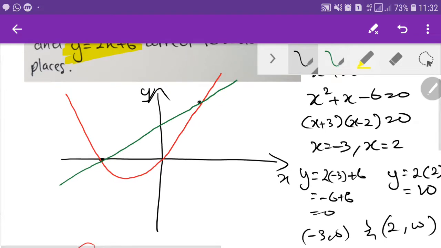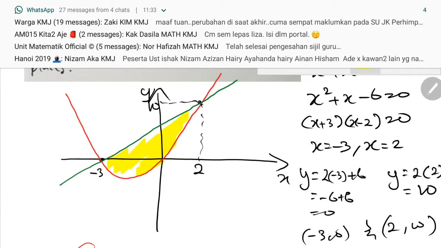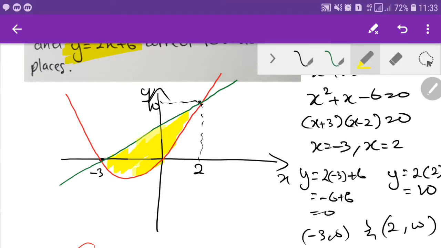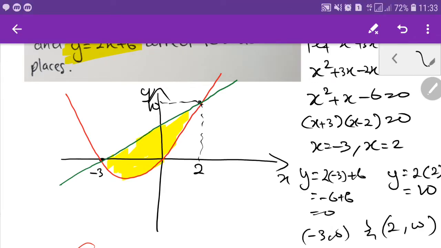So we have our intersection points here, minus 3, 0, and this one is 2, 10. The information about 10 is not that important right now. As we can see, the area enclosed by both curves is the one I highlighted in yellow. This is our A that we want to find.